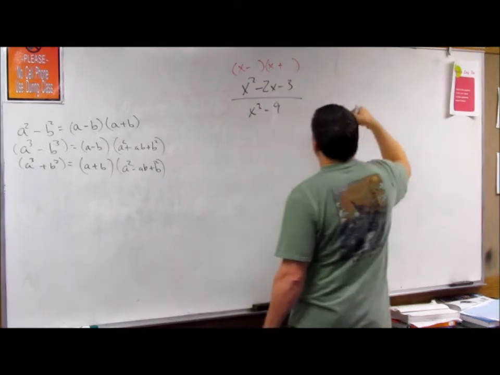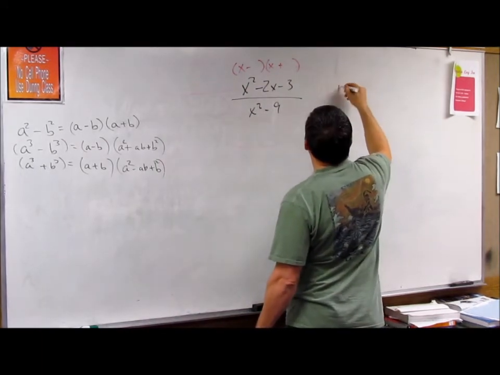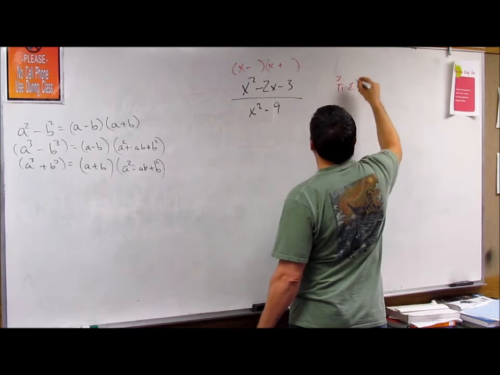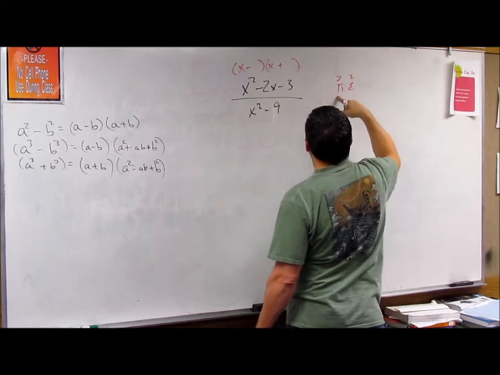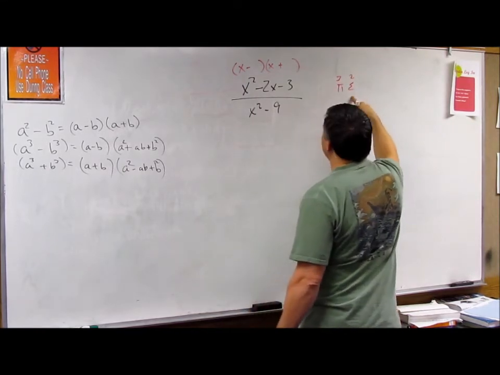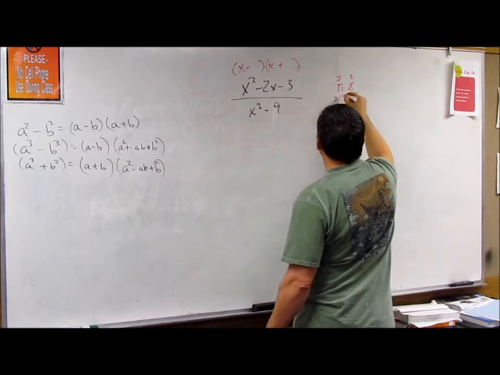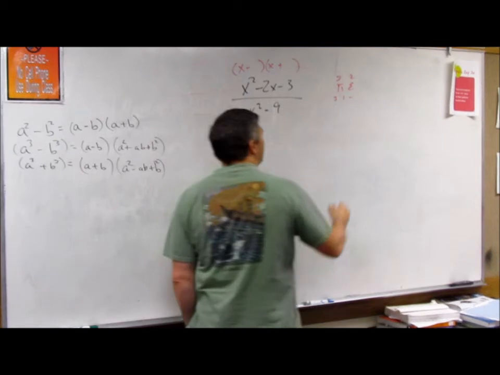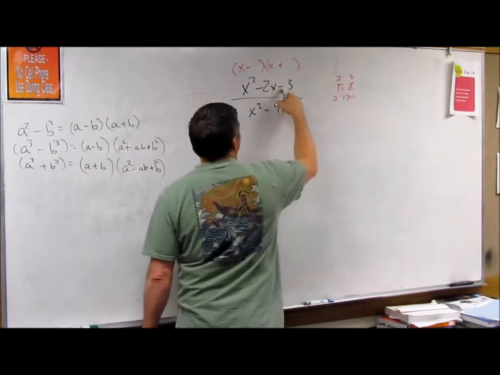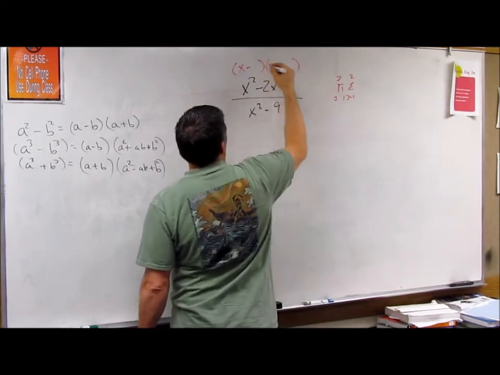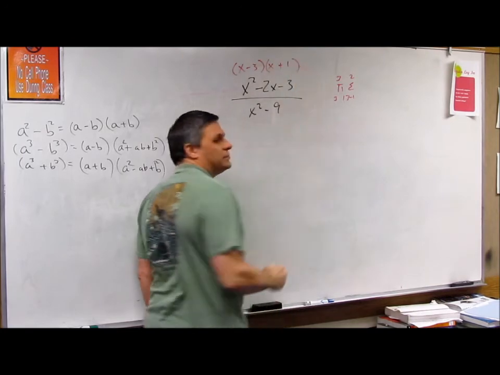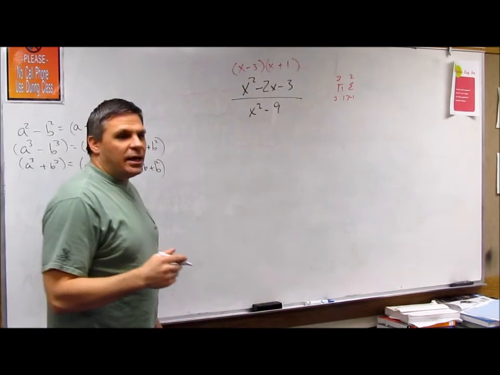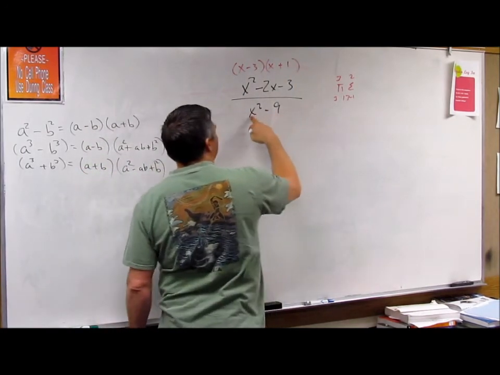My product is 3, my sum is 2, so that would be 3 and 1, because this is a difference. 3 minus 1. Bam, I got 3 and 1.